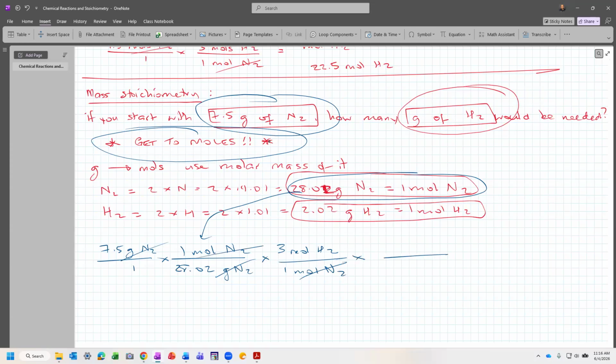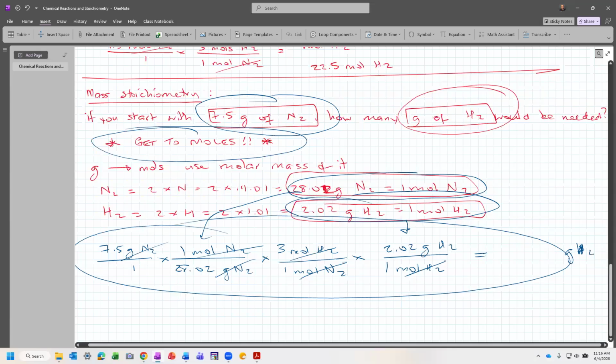I'm at moles of hydrogen. Now I want to get to grams of hydrogen. I'm going to use my molar mass, stick that in there as the last conversion factor. 1 mole of H2 is 2.02 grams. Put the grams on top because that's the unit that I want to end up with. And the only unit I am left with is the grams of H2. Okay, I can just go ahead and use your calculator and do that calculation.